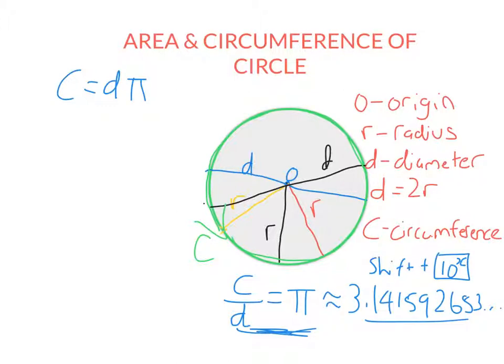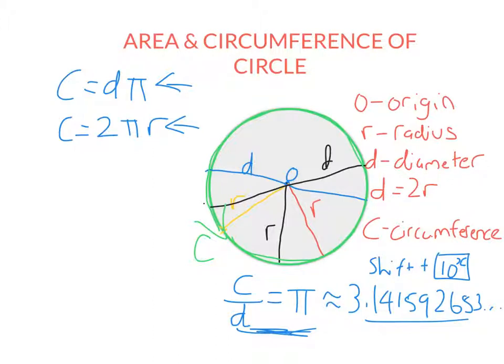Of course, the diameter is twice the radius, so we could also write the circumference as double the radius times pi. You're going to use this formula here to find the circumference of a circle when you're told the diameter, and you're going to use this one when you're told the radius. They are two formulas that basically say the same thing, how to find the length around the outside of a circle.